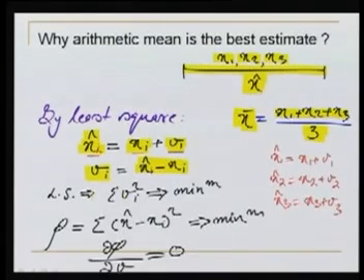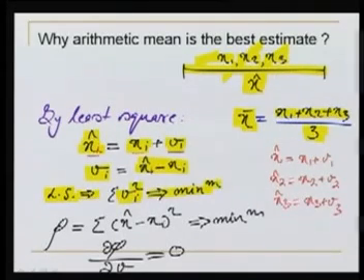Now what is the least square? Right now we are considering all the observations, x1, x2 and x3. All the observations have been taken with the same unit weight, so there is no weight here. Then least square says sigma of vi square should be minimum.